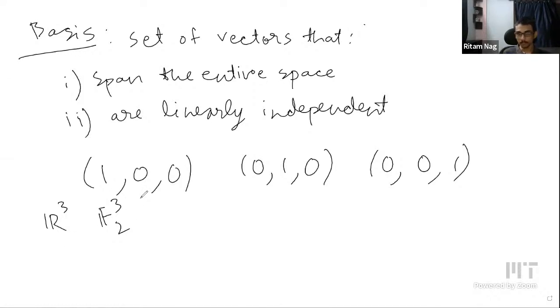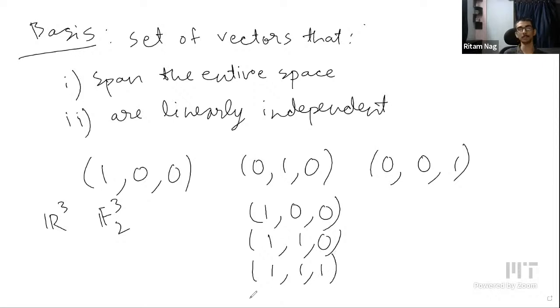It should be pretty obvious why this is a basis, but you can create other bases. Over R^3, for example, (1, 0, 0), (1, 1, 0), and (1, 1, 1) is also a perfectly valid example of a basis.